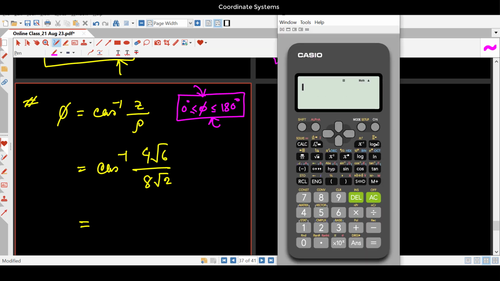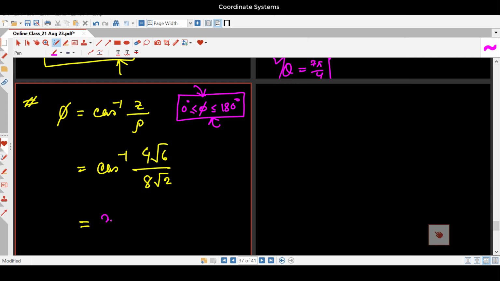So cosine inverse 4 root over 6 divided by 8 root over 2. So let's try to simplify this. So we are getting 30 degree. So we have found 30 degree.